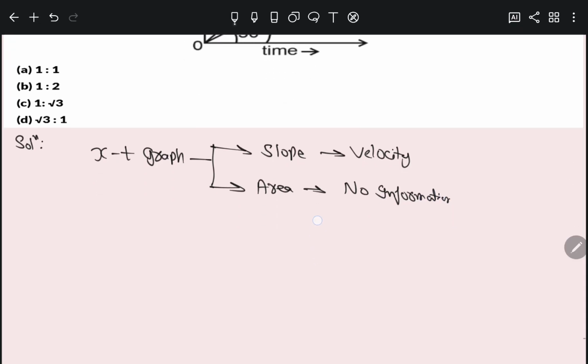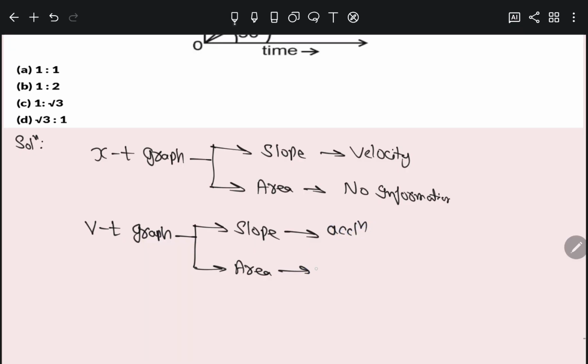Right. Now again, note down for the velocity time graph: if you find the slope, you get acceleration. If you find the area, you get displacement or distance, right?